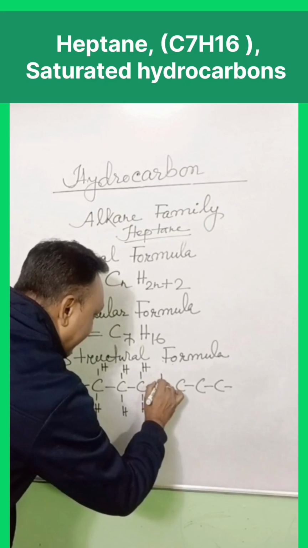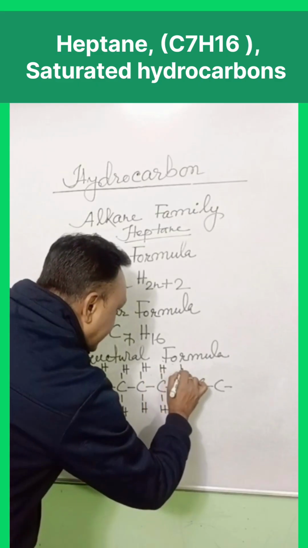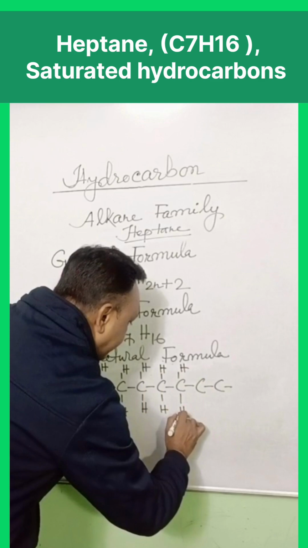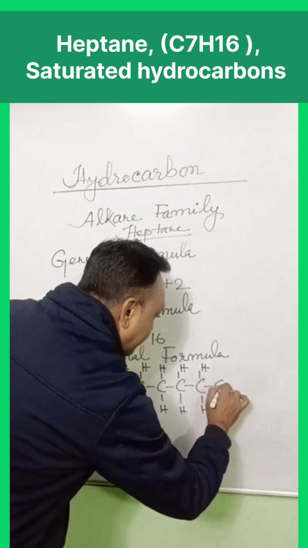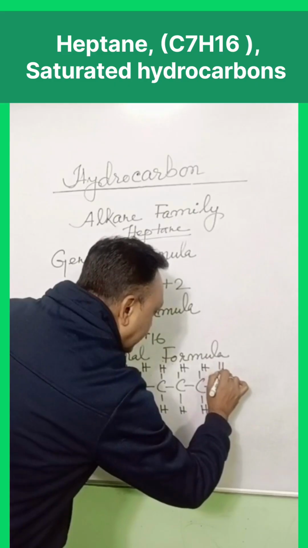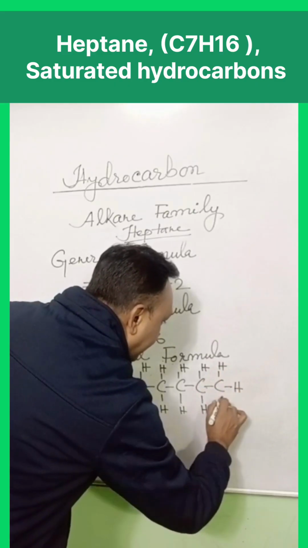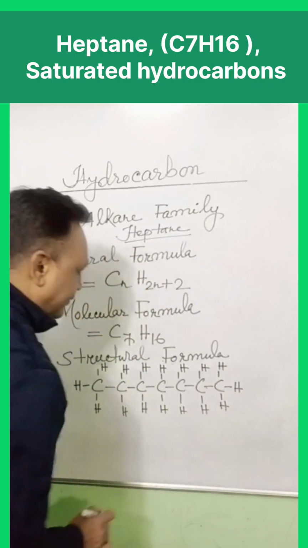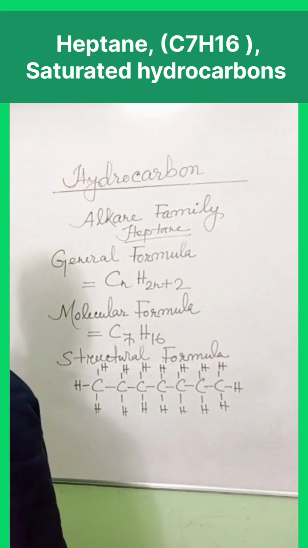Similarly, 2 hydrogens, 2 hydrogens, and 2 hydrogens. And the last one can hold 3 hydrogens. So this is the structural formula of heptane.